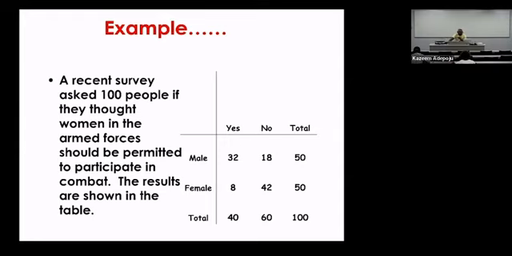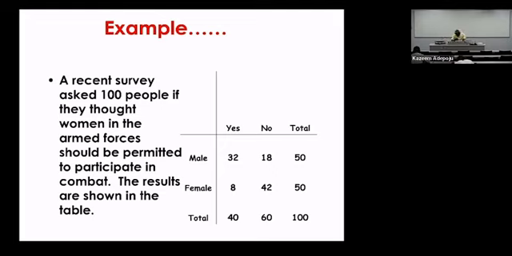The variables are categorical. The first variable here is gender, which is categorical with two levels, male and female, and the response is also categorical with two levels, yes or no. This is what a statistician calls analysis of categorical variables.